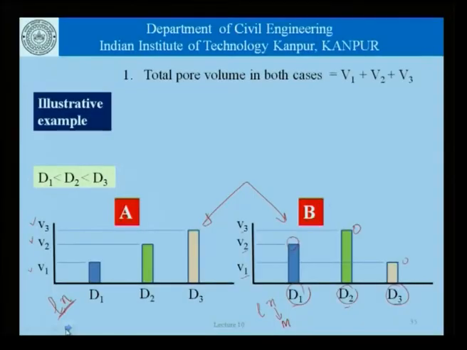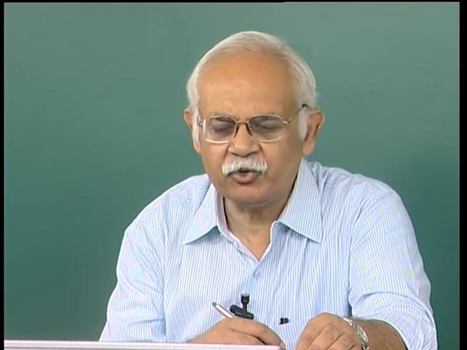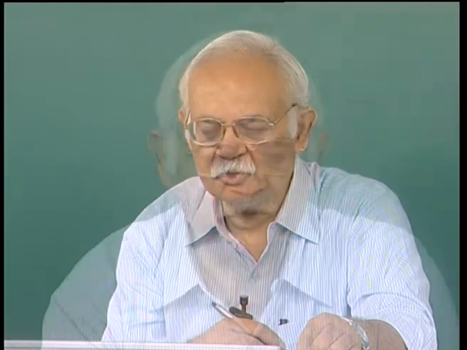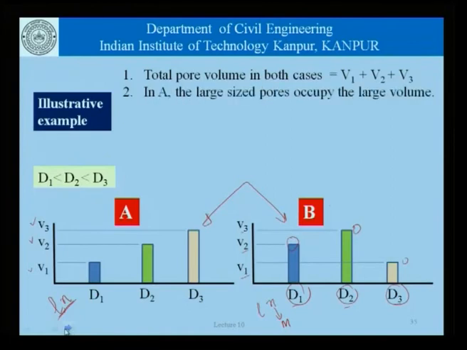The first thing is that the total pore volume in both cases is V1 plus V2 plus V3. So, there is no change in the total pore volume of the two pore structures. So, the pore structures are the same as far as the total pore volume is concerned. However, in A, the large sized pores occupy a large volume.